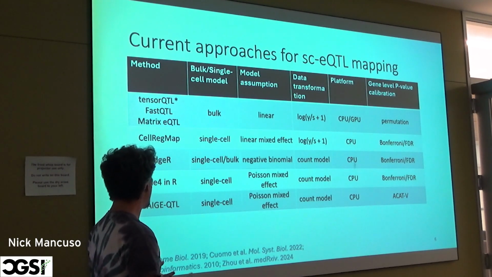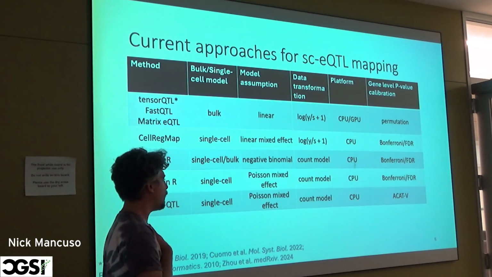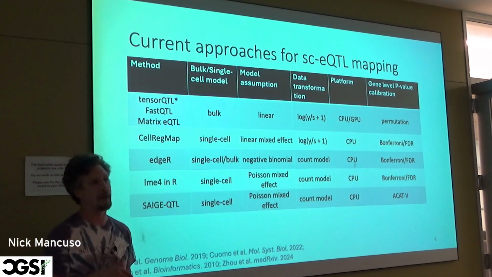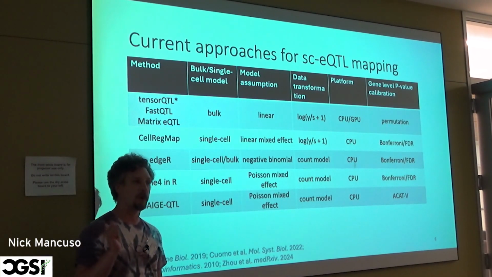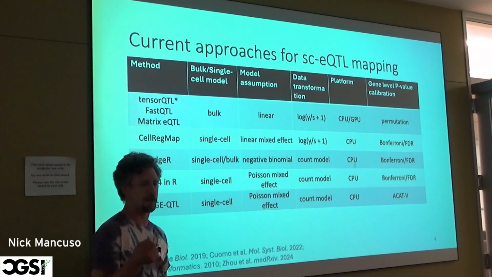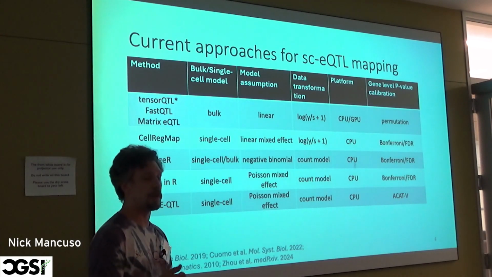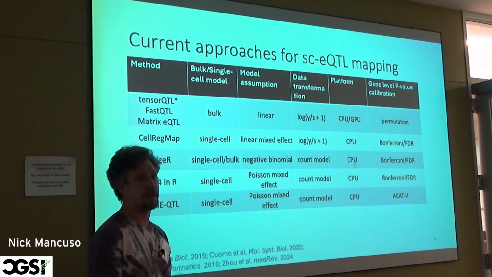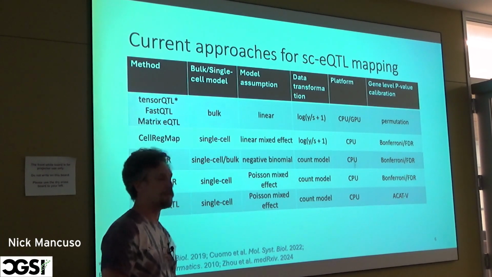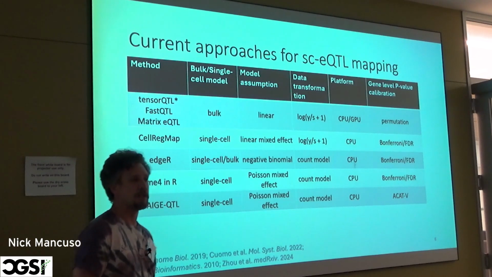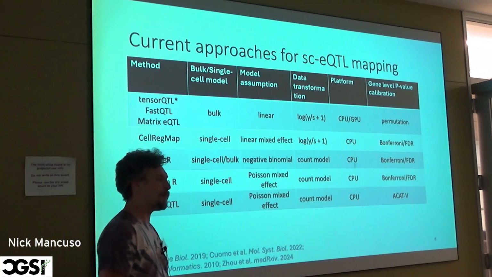On the counter to that is a really flexible model, cis-regulatory, which sought to tackle this problem directly by saying we're going to model gene expression under a count-based likelihood while accounting for within-individual variation. If you're familiar with these mixed effect models, it's a very natural way to tackle the problem.